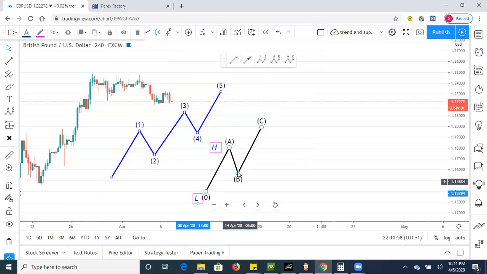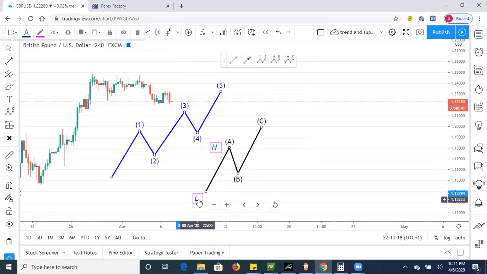Now, point B is higher than point O, but it's actually lower than point C, but is a low. This low is higher than this low.